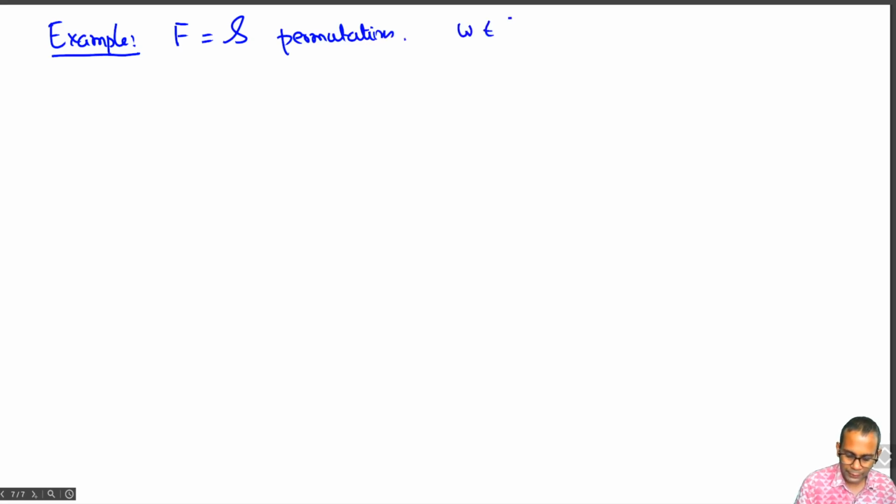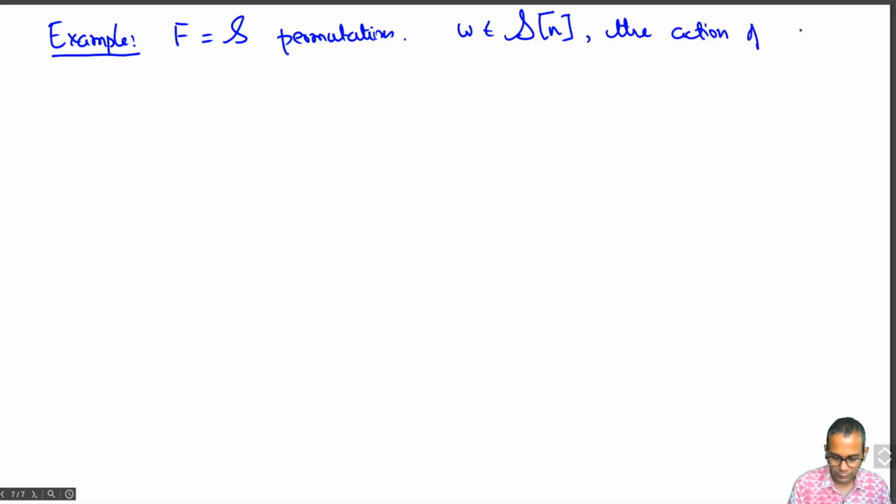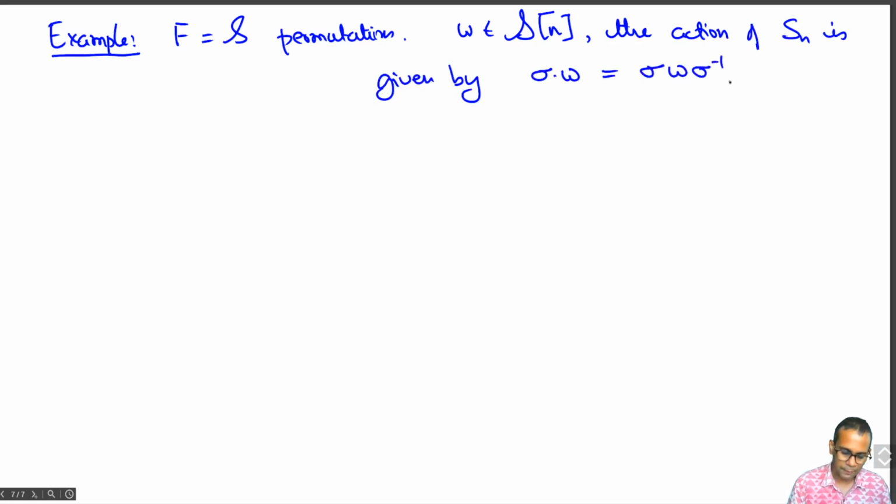Given w in Sn, to be more clear, this is going to be a permutation of the set 1 to n, and the action of Sn is given by sigma acts on w by sigma w sigma inverse.